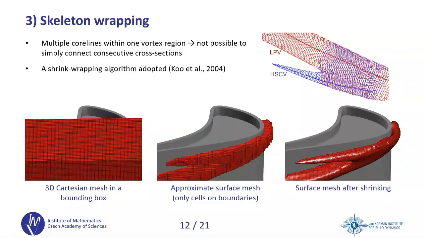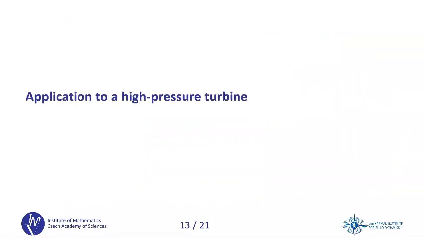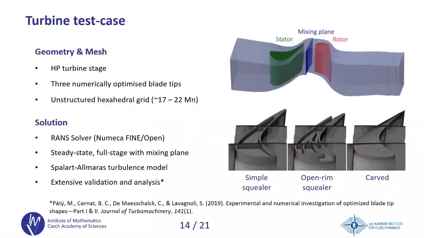So as a result, you have this bounding surface that wraps around those cross sections. So now we have our core line, we have our cross sections, vortex strength, and the bounding surface. So it's time to apply our method to the test case and see what results we get. Here's the description of the test case. So it's quite a standard CFD simulation of this high pressure turbine stage.